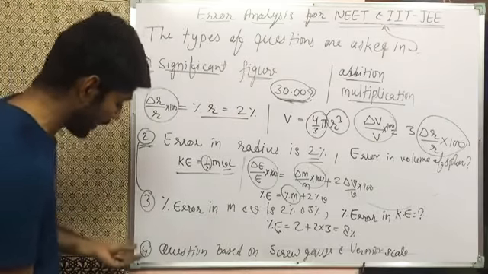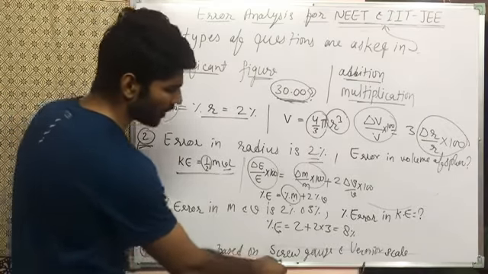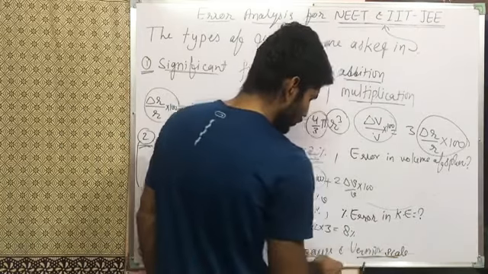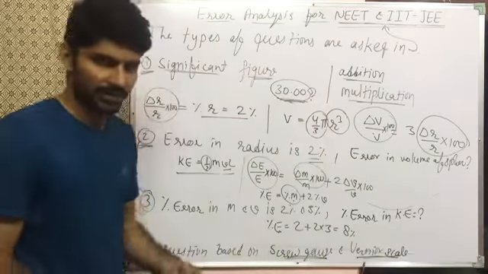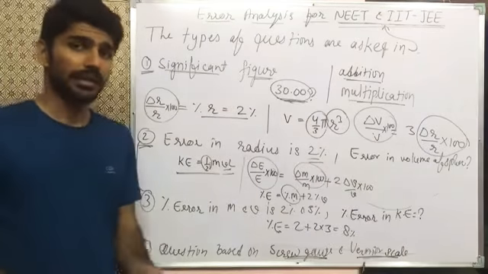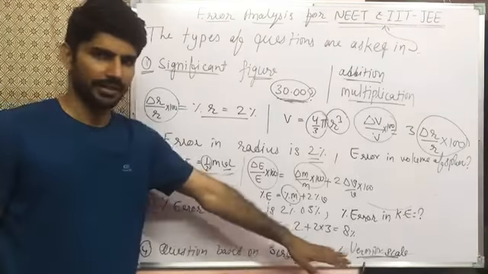And in the fourth or last case, questions are asked from the screw gauge and vernier scale. We have discussed both in class 11th and 12th, and we know how to get the accurate or correct value from a screw gauge and vernier calipers.